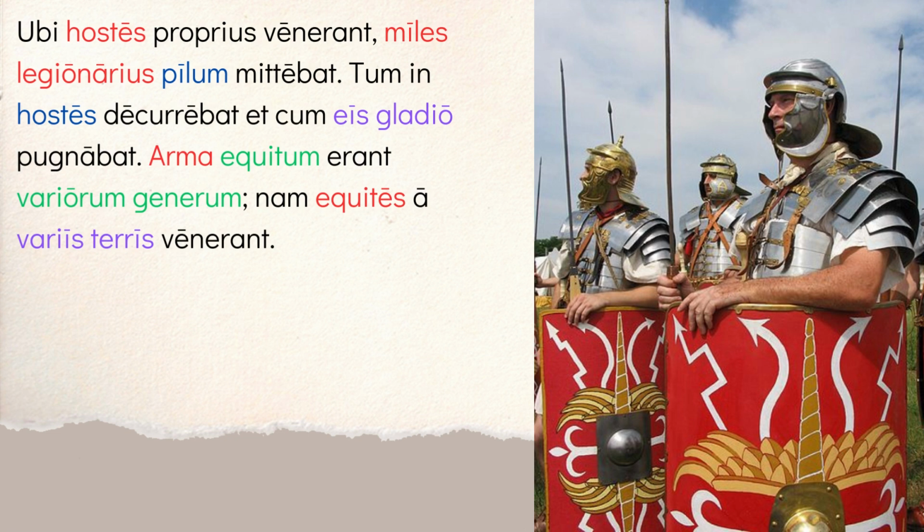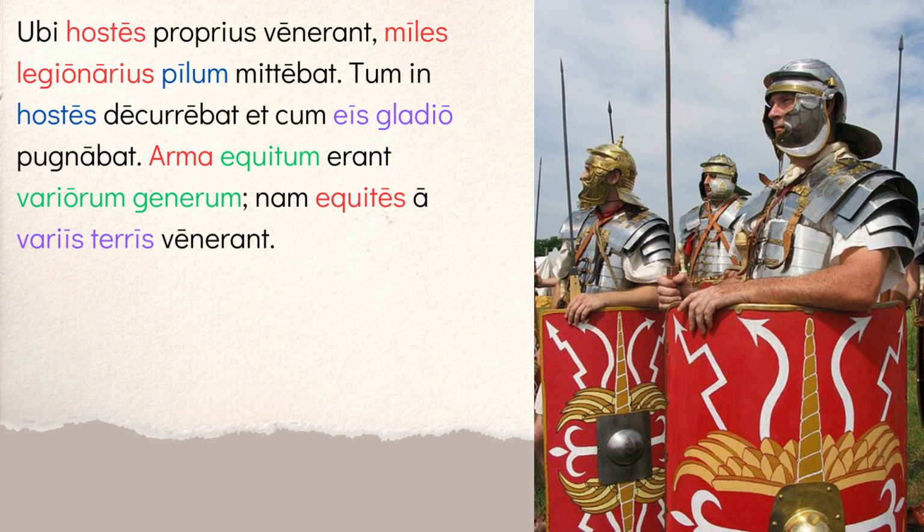So whenever he needs it, he can draw his sword, and now he can fight with the famous gladius of the Roman legion. Okay. Then it continues, and you have ubi hostes propius venerant, miles legionarius pilum mittebat. So this is kind of describing what we were just talking about.